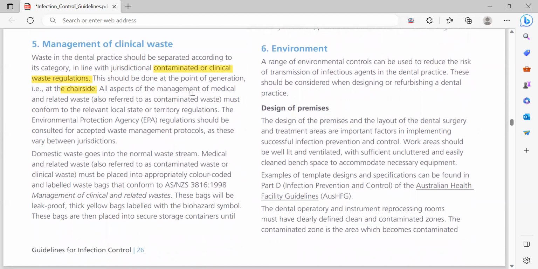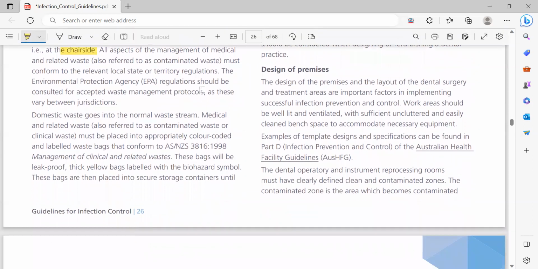All aspects of the management of medical and related waste, also called contaminated waste, must conform to the relevant local, state, territory, or EPA regulations, which should be consulted for accepted waste management protocols. Domestic waste goes into the normal waste stream, and medical and related waste should be placed into appropriately color coded and labeled waste bags that conform to the AS/NZS standard.